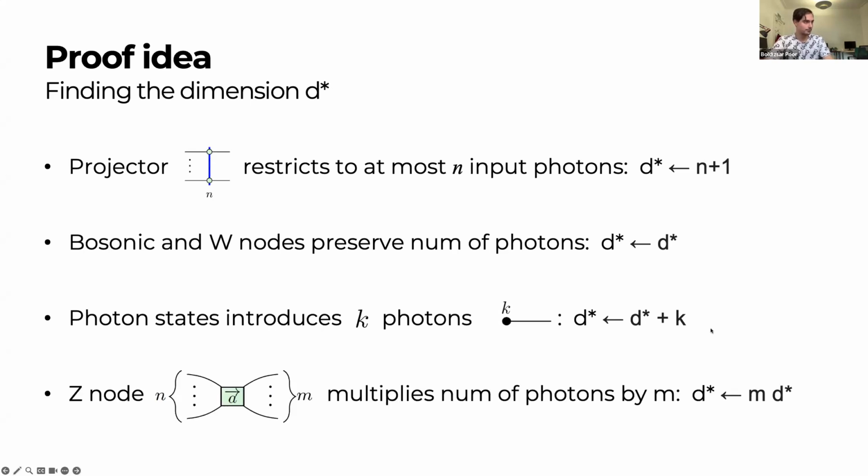And then maybe the biggest assumptions are the z nodes, where before the z node, it was d, the maximum number of photons, and after it, the most number of photons that can come out is m times d, where m is the number of outputs.